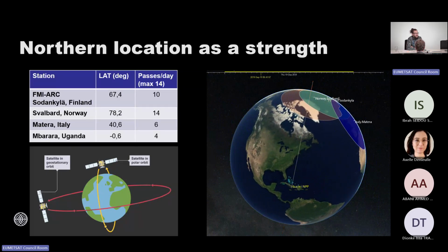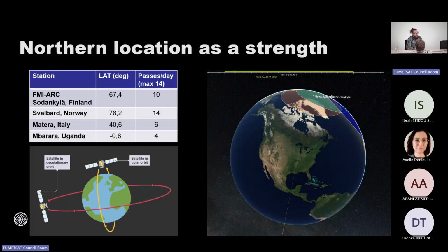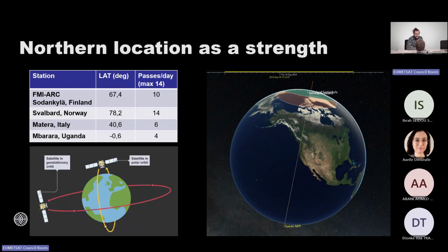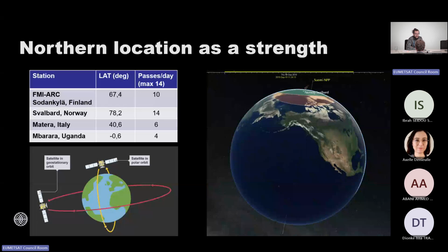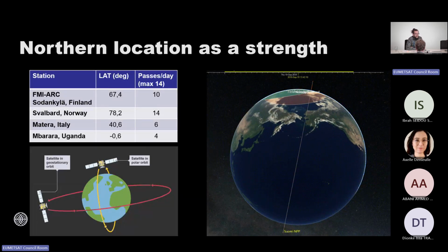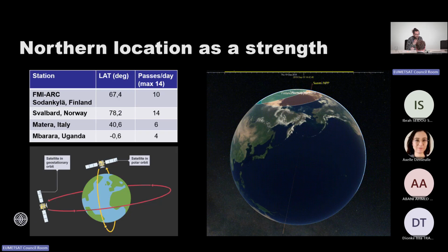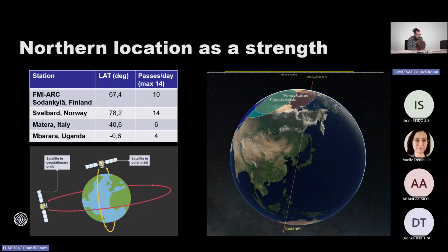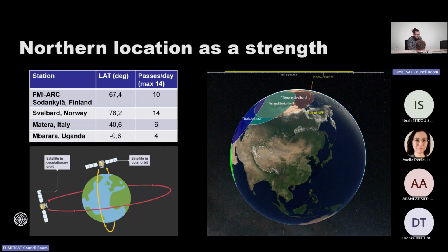This is one activity that we want to get out of the capital to a remote region. The video shows the visibility cones of different stations, and as you can see, the polar orbiting satellites are very visible in the northern parts.